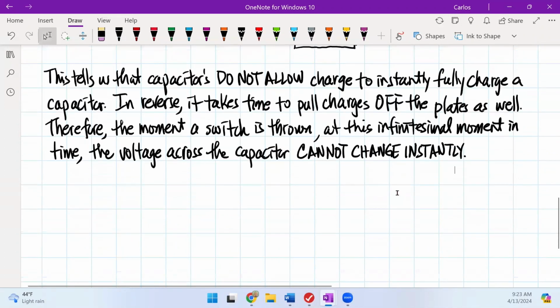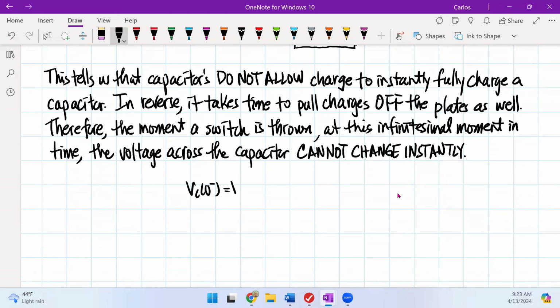So that tells us then that the voltage of the capacitor before has to be equal to the voltage right when the switch is thrown.